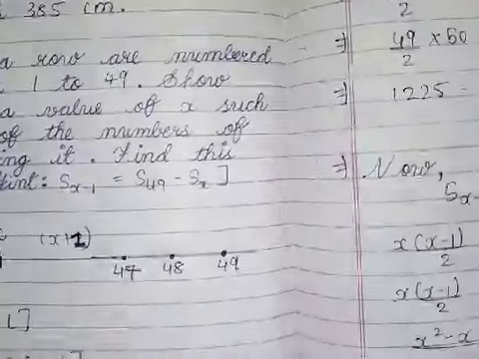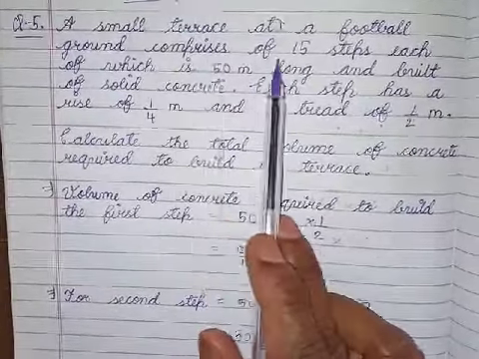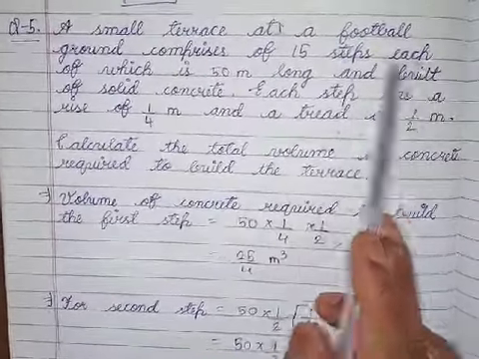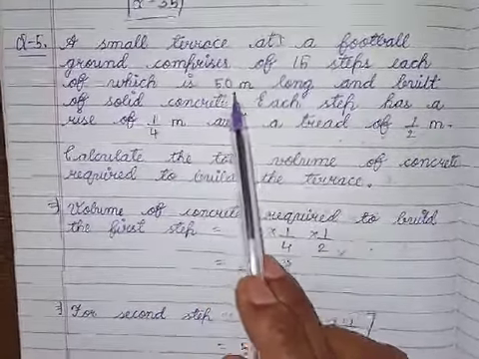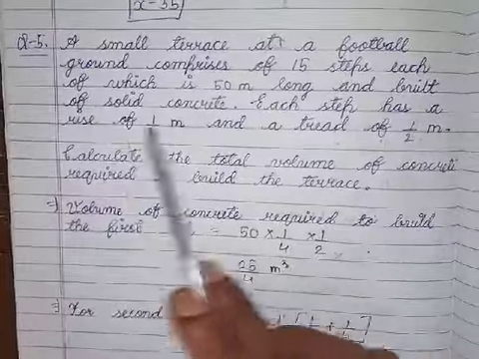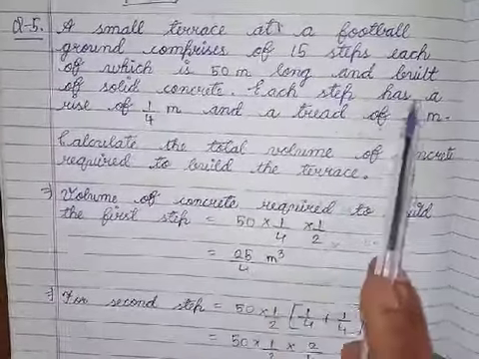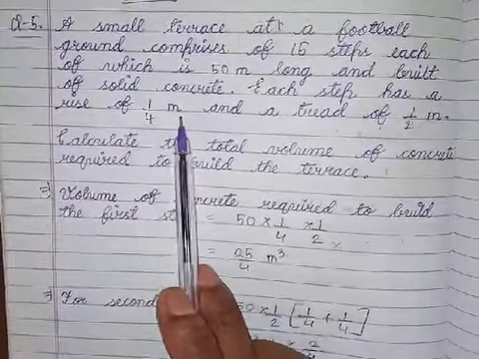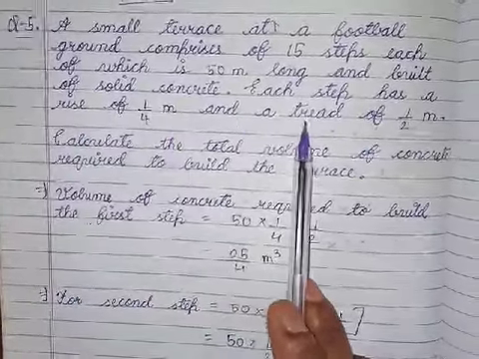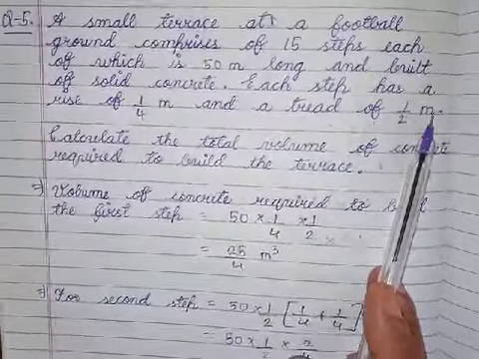Now the question: a small terrace at a football ground comprises 15 steps, so n is equal to 15, each of which is 50 meter long and built of solid concrete. Each step has a rise of 1/4 meter and a tread of 1/2 meter.